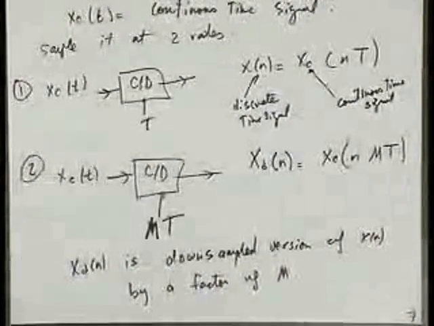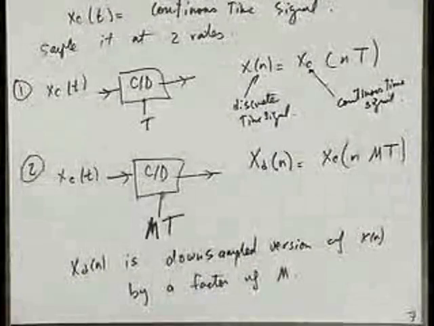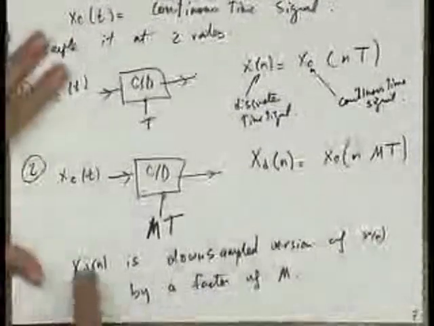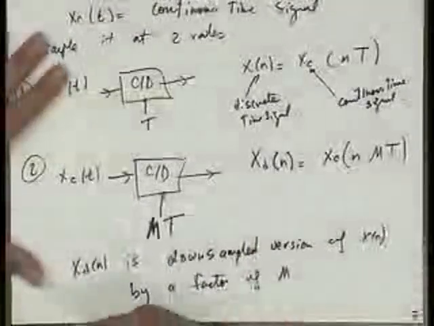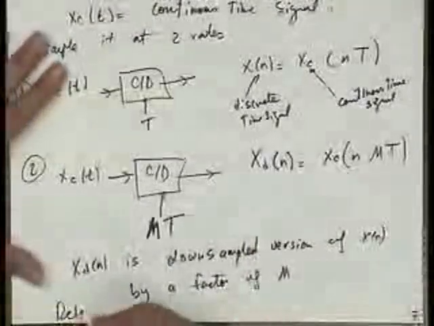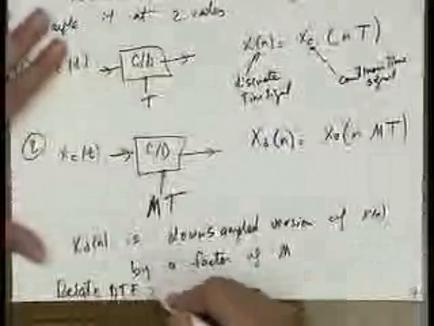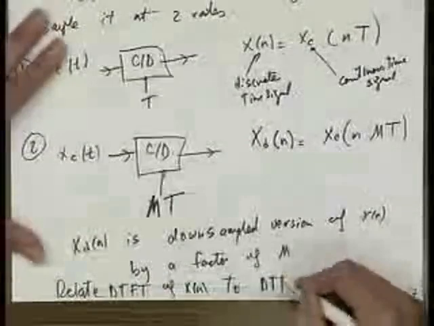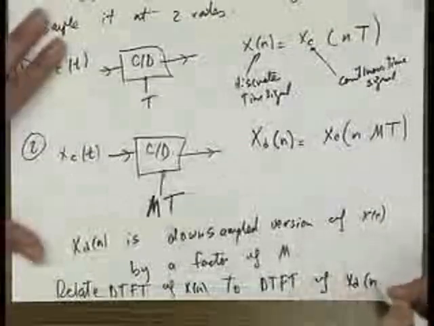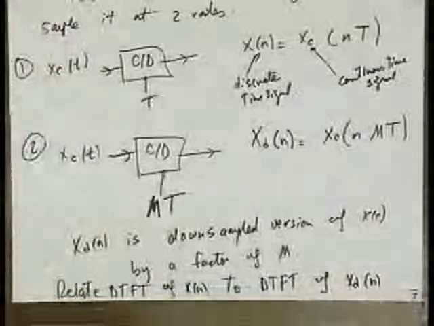And the thing I want to try to figure out is what's the relationship between the discrete time Fourier transform of this signal and the discrete time Fourier transform of this signal. So I want to relate the DTFT of x of n to the DTFT of x sub d of n. How are they related to each other?